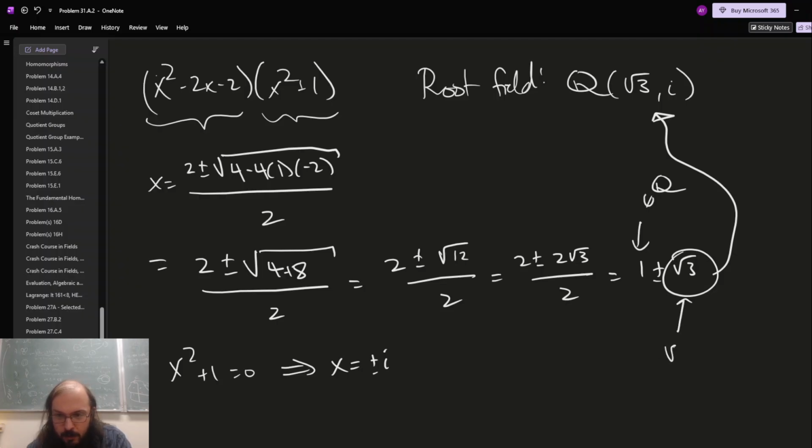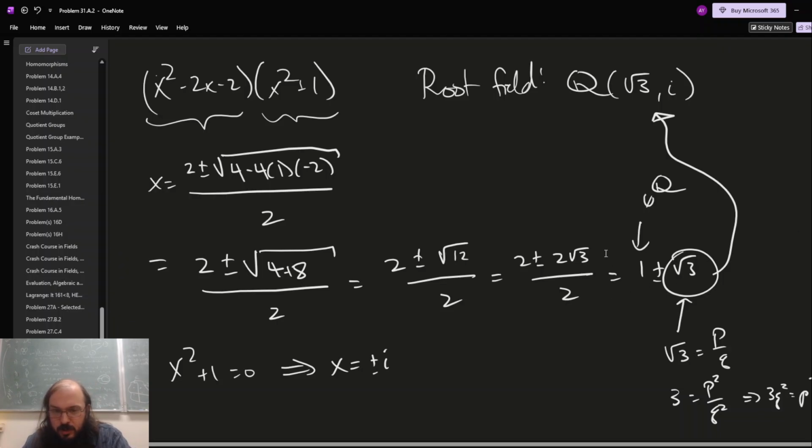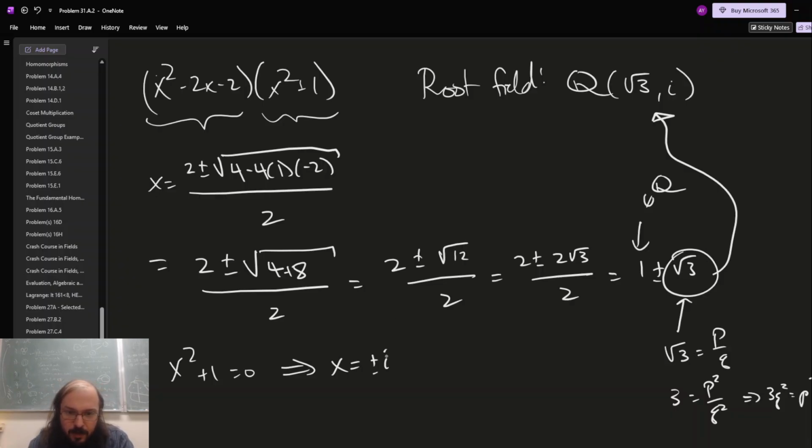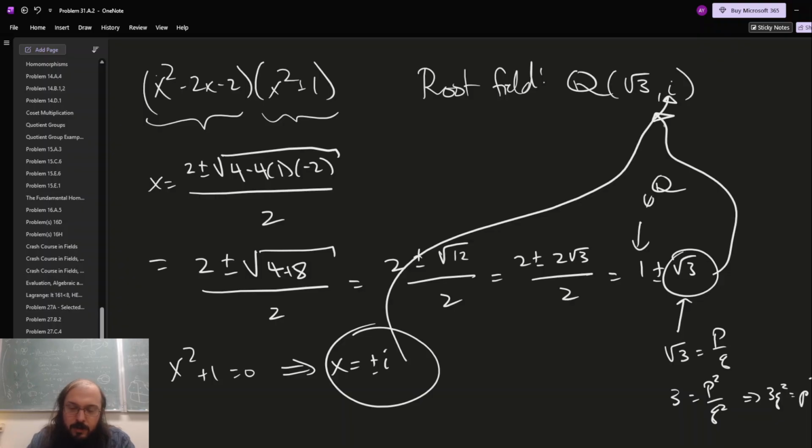I think most of us are familiar with the proof that starts like this, and then reasons that this fraction is not reduced, this classic proof by contradiction. And then, of course, there are no imaginary numbers in Q, and so plus or minus i is necessary to adjoin as well. Okay, I think that more or less handles this problem.